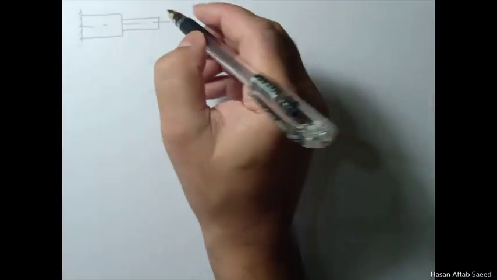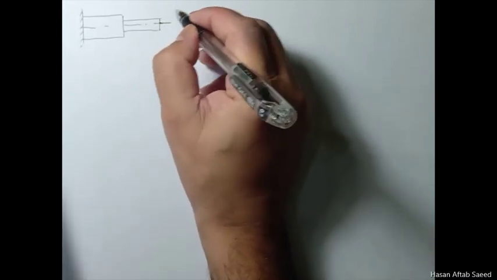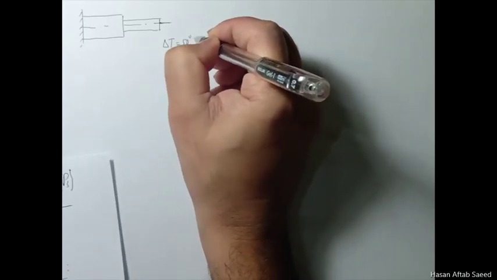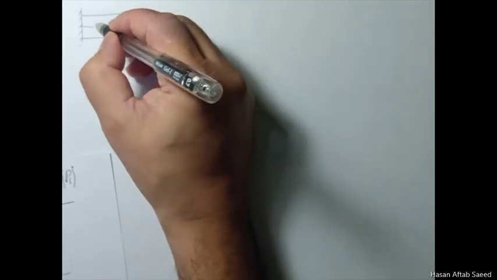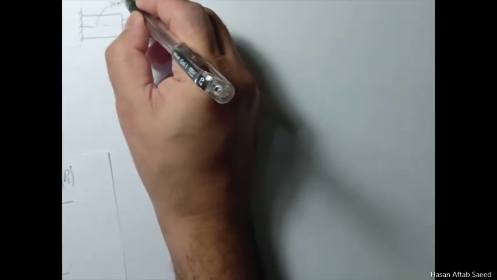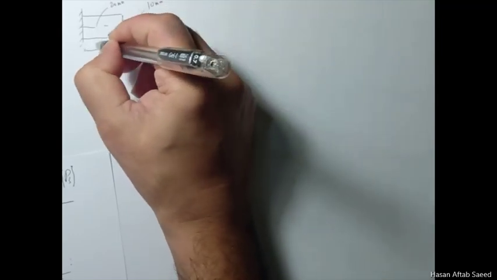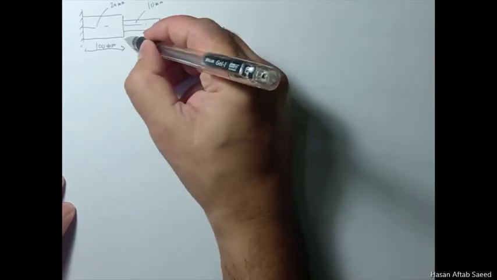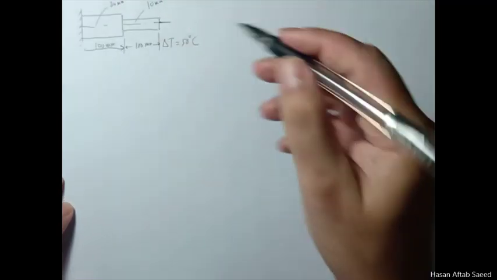There is no force here. The only thing that is there is delta T. Same 20 square millimeter, 10 square millimeter. This is the same 100 mm, and again 100 mm.